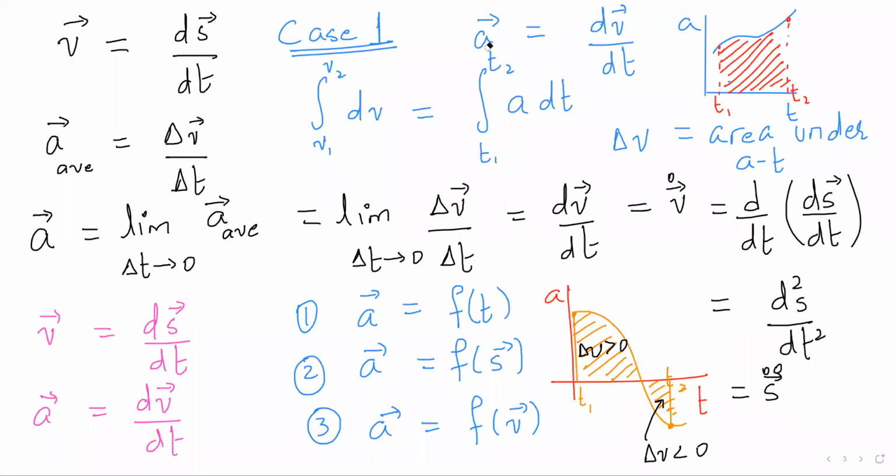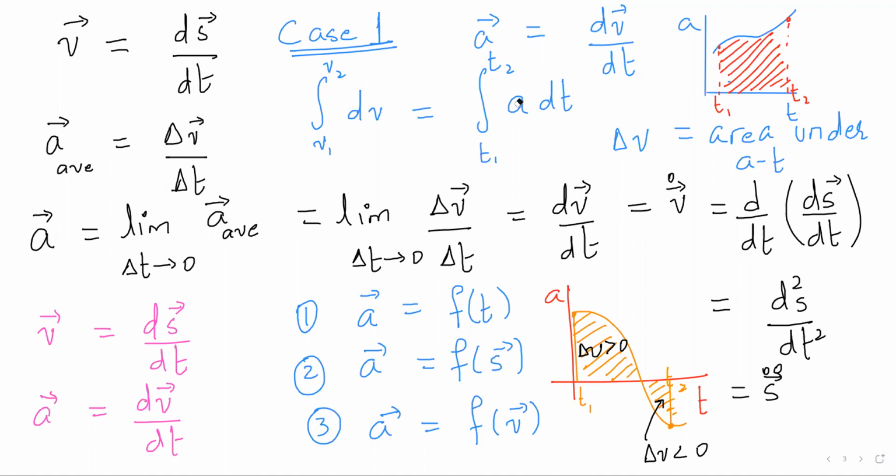So for example, I give you acceleration equal to 3 times position. This is not second, this is position. Let's go back. Acceleration is equal to 3 times position. Instead of a, I will write 3 times position.